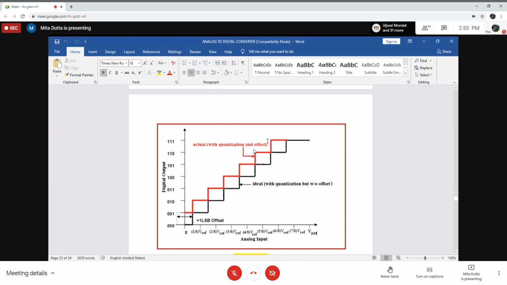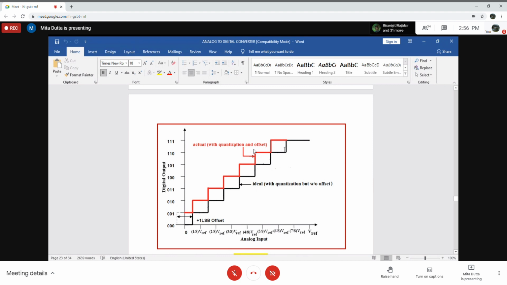Because here the last transition, that means 110 to 111, occurs at 5.5 LSB, whereas it should occur at 6.5 LSB. So the output saturates prior to reaching the full-scale output of the ideal A to D converter. Clear?